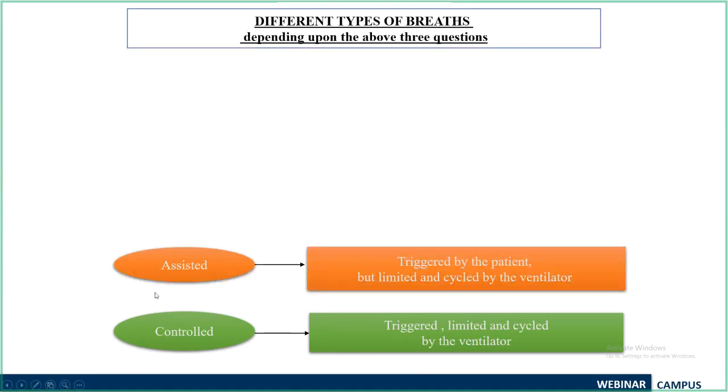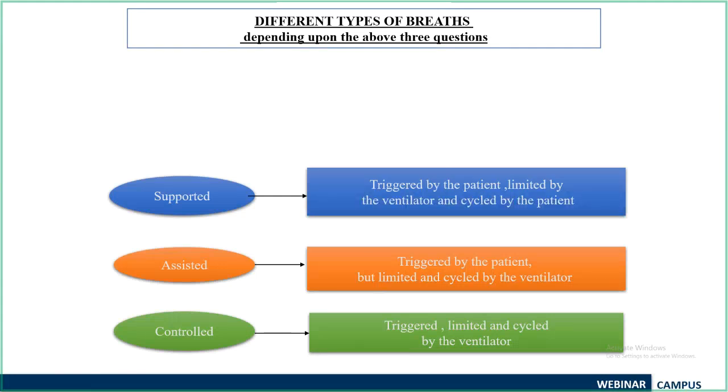And in an assisted breath, it is triggered by the patient. The patient usually triggers the breath, but it is limited and cycled by the ventilator. So once the patient triggers that, the ventilator decides how much tidal volume has to be reached, what pressure it has to reach, and how it has to cycle. That you can do by setting either inspiratory time, which is called TI, or by setting an I:E ratio.